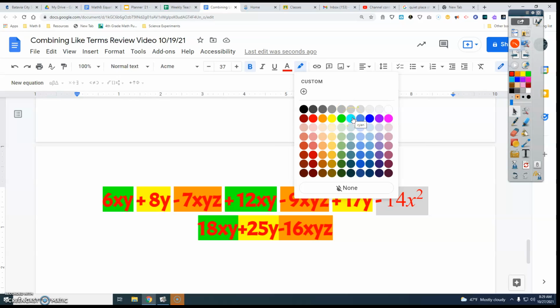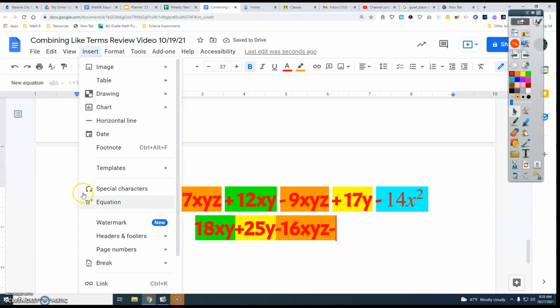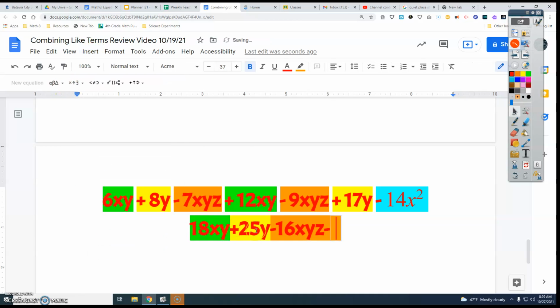So what I'm going to do is put this as blue. Now, down here I'm going to put minus 14, and we're going to do a little insert here. We're going to insert our equation.